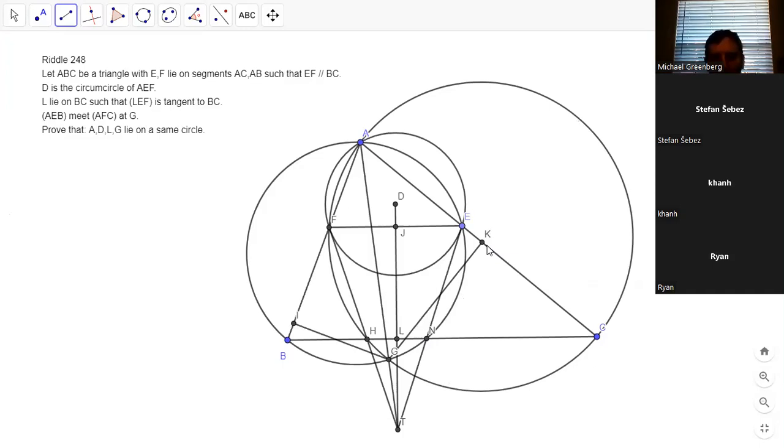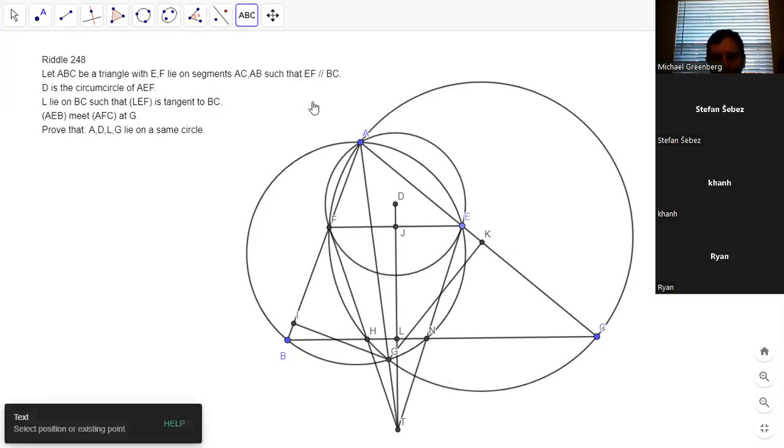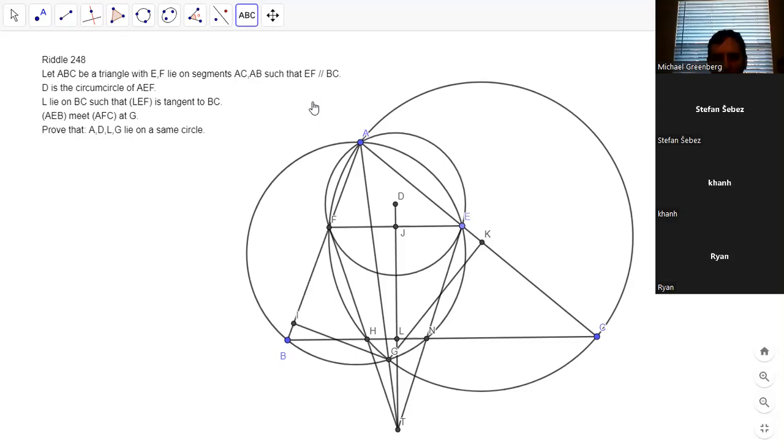Okay, so we know that triangles GBF and GEC are similar in the same orientation.